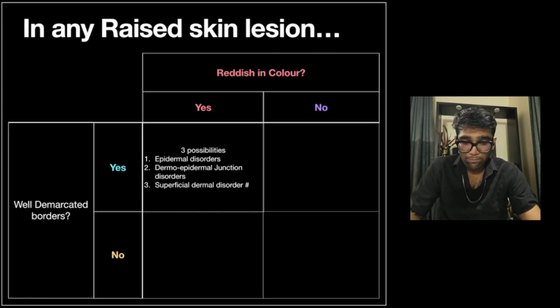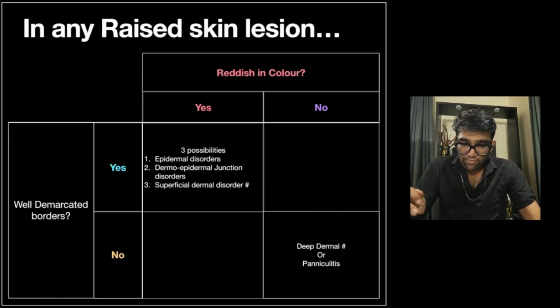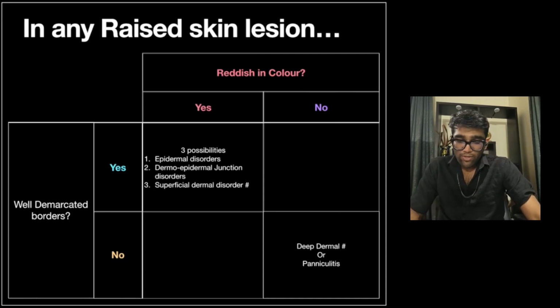Now, on the other hand, if a lesion is neither reddish in color, that means it's violaceous, as the color of the no here, and it's not well demarcated, it's likely either a deep dermal lesion, or it is a panniculitis. That means an inflammation of the subcutaneous fat plates.